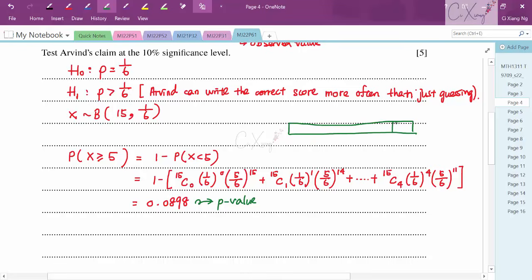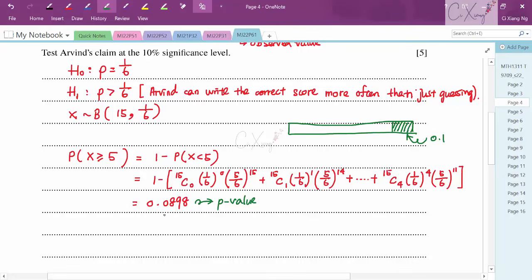Therefore, we should expect that our rejection region is on the right hand side, and this area is our significance level, which is 0.1. We are referring to the area for the p-value and the probability here. So the significance level is 0.1, which is this area. This area will be my rejection region. The non-shaded area will be the acceptance region.